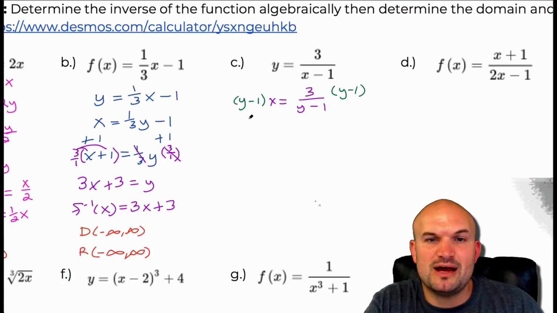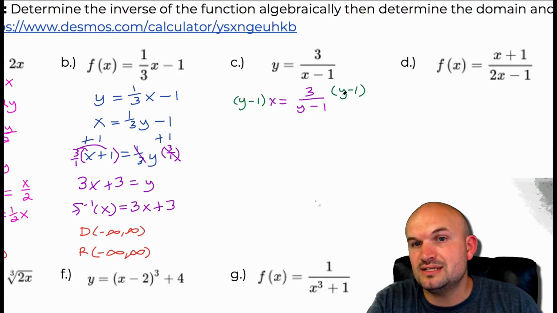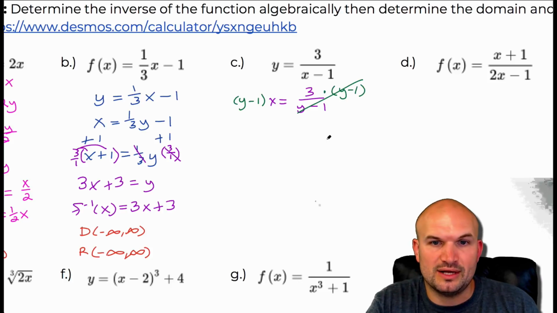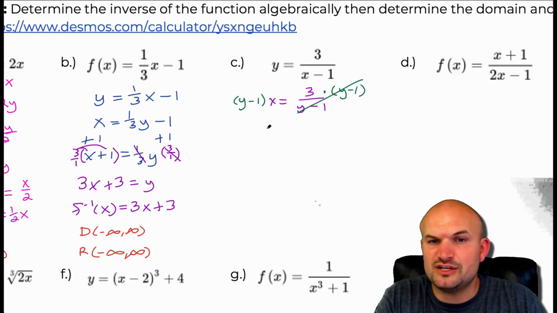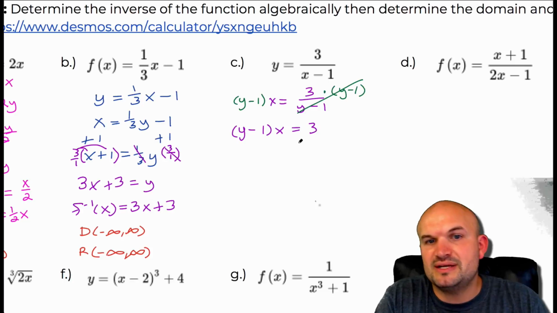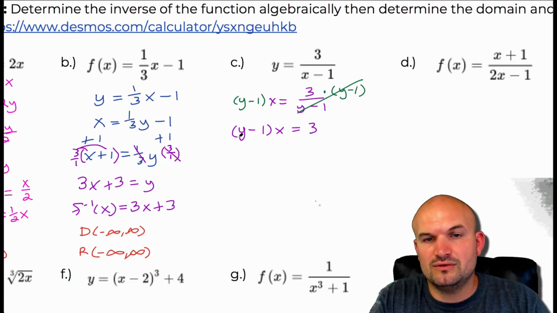So now I'm going to multiply by y minus 1 on the left side. Again, here, y minus 1 divided by y minus 1, because that's like a multiplication up top, that divides to 1. It doesn't cancel out, it just divides to 1, leaving me with a 3. So now I can apply, actually I don't need to apply the distributive property. I could, but that'd be too much work on myself, because remember, I'm just trying to solve for y here, right? So look at my operations.